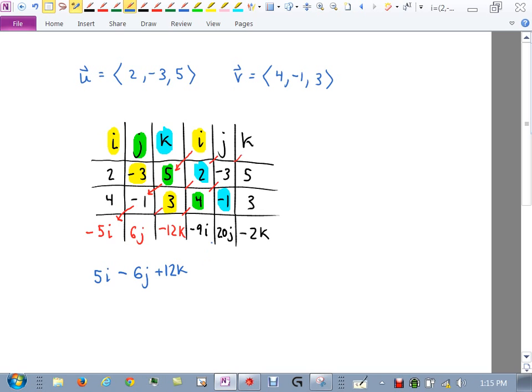Then everything else that we did diagonally to the right stays the same: -9i plus 20j minus 2k. And then put them all together. How many i's do I have? Negative 4i. j's 14, right? And then k's 10. But that's the same as the vector negative 4, 14, 10.